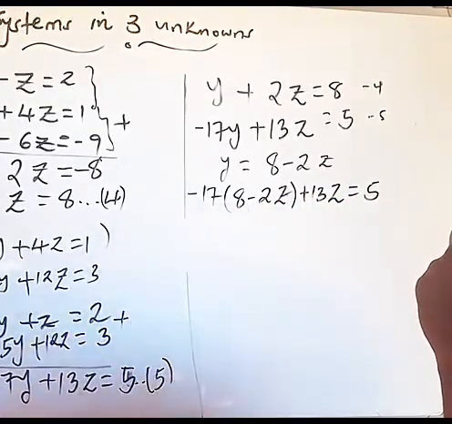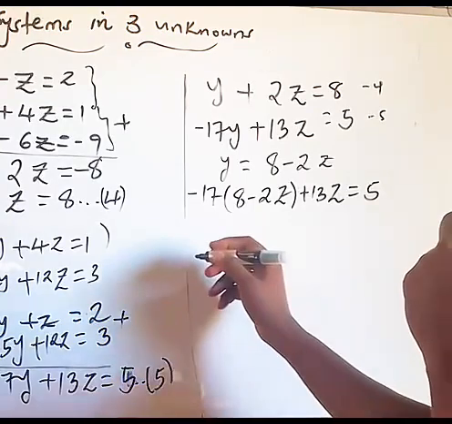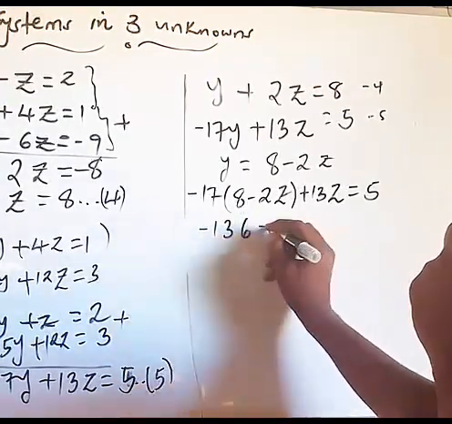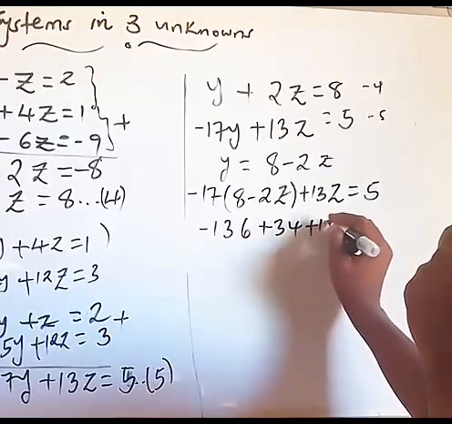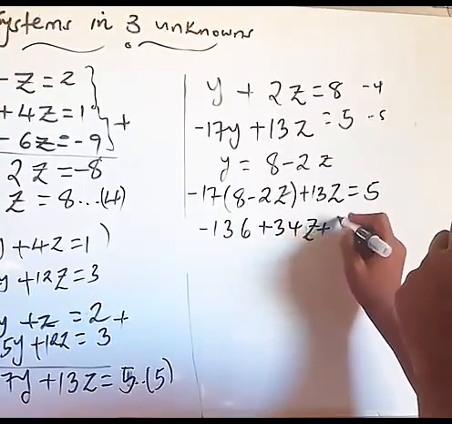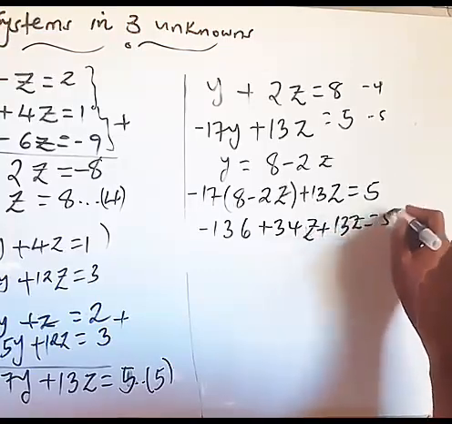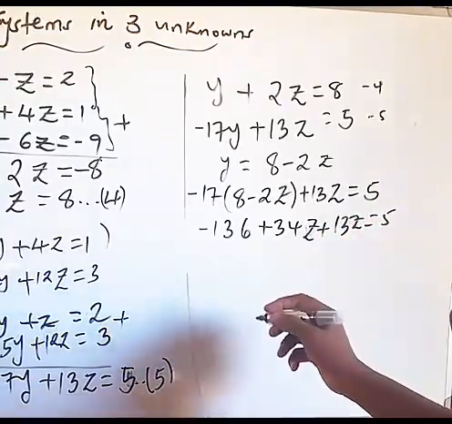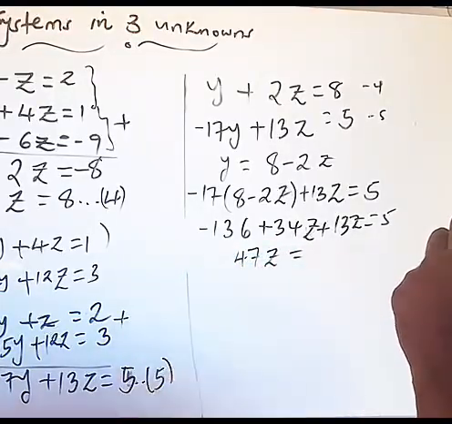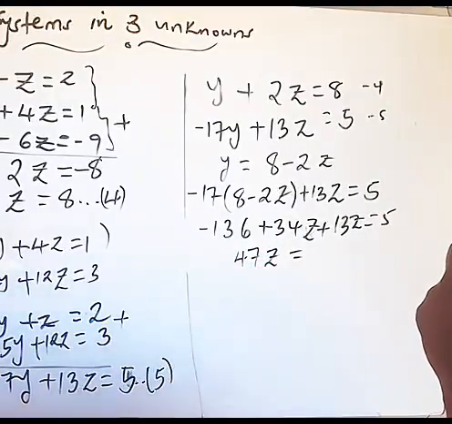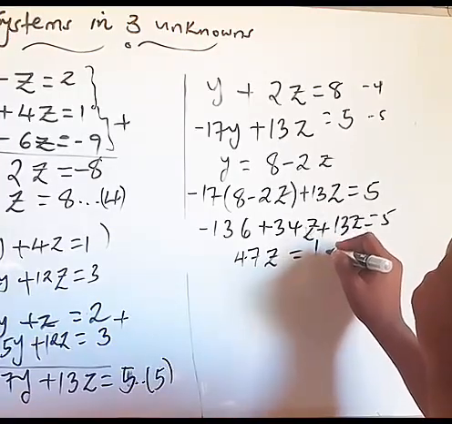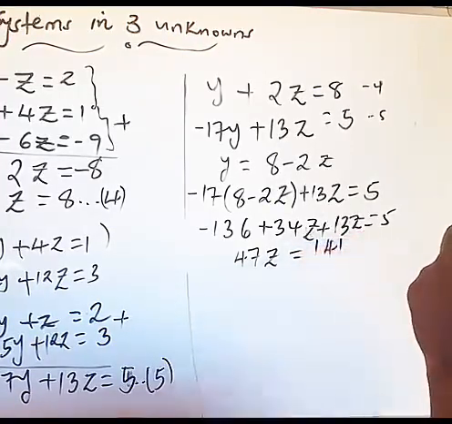Multiplying negative 17 times 8 will give us negative 136, and then plus 34z plus 13z is the same as 5. If you add 34z and 13z, we get 47z. If you add 136 to both sides, we get positive 141.